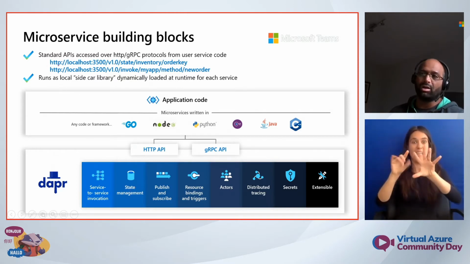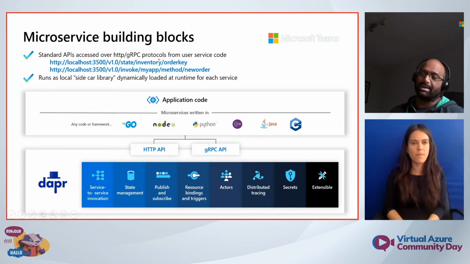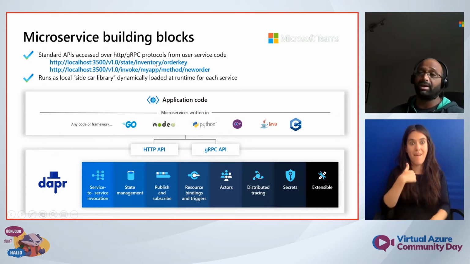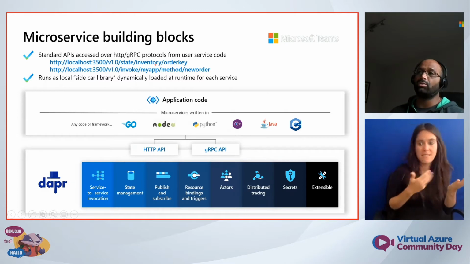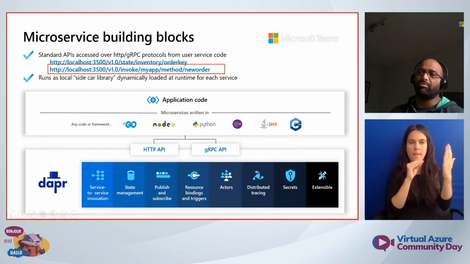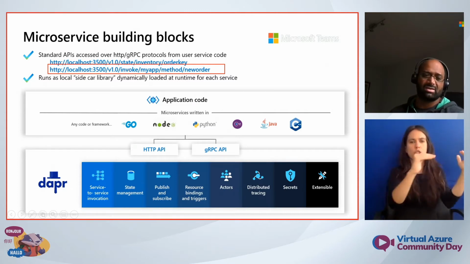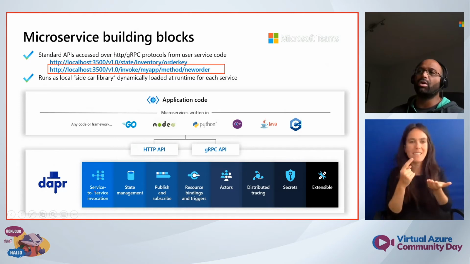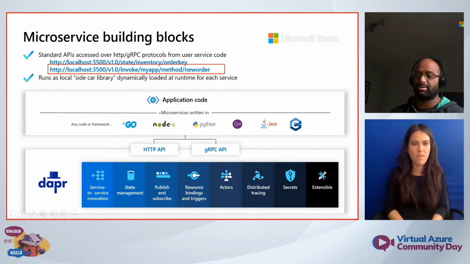I'm doing a localhost call and accessing a state store called inventory. In the same way, if I have to do service to service invocation, I'm doing this call with invoke, which is the standard way to access the service to service invocation block. Then I'm calling my service and a method on it, the new order method.